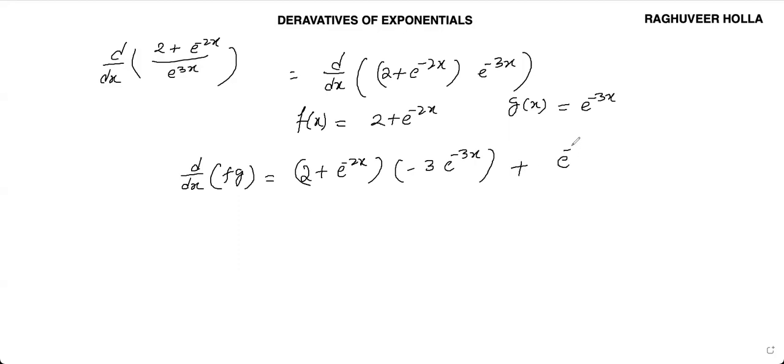And plus e to the power of minus 3x multiplied by minus 2 e to the power of minus 2x. So finally, when you simplify this, we get the final answer as this, e to the power of minus x.